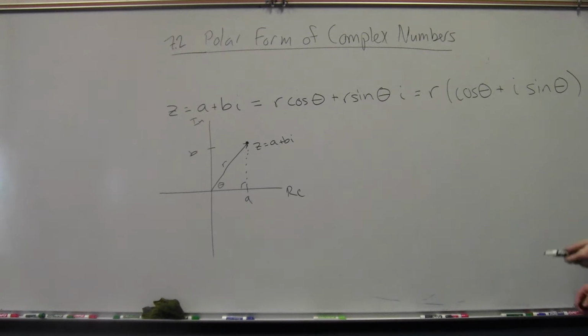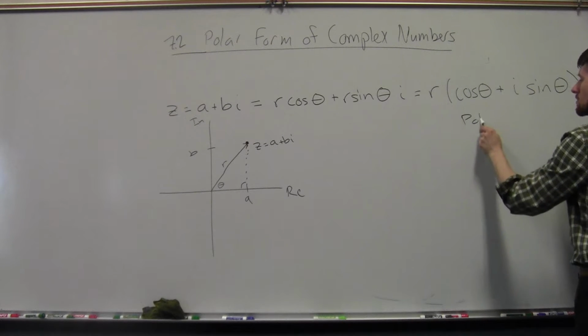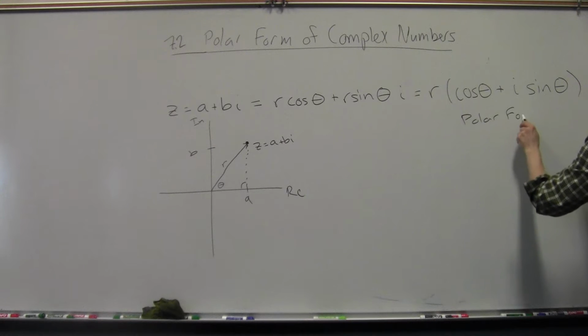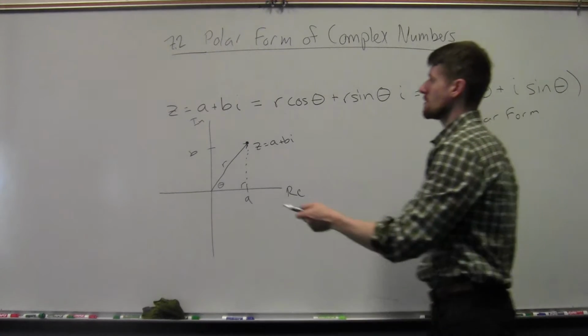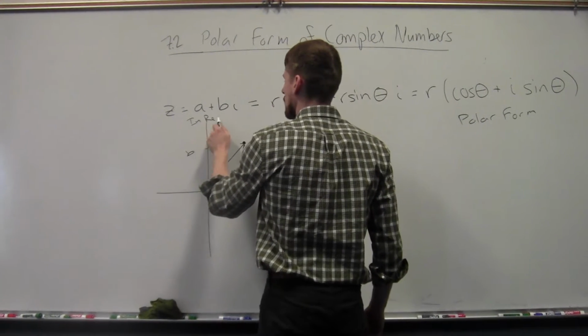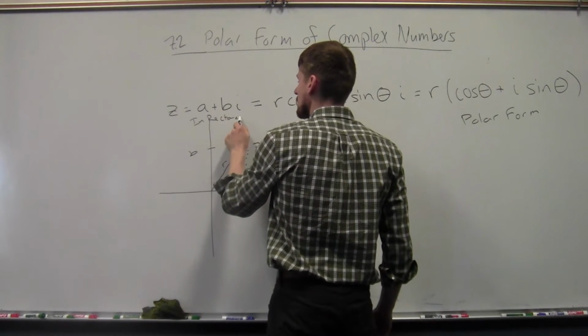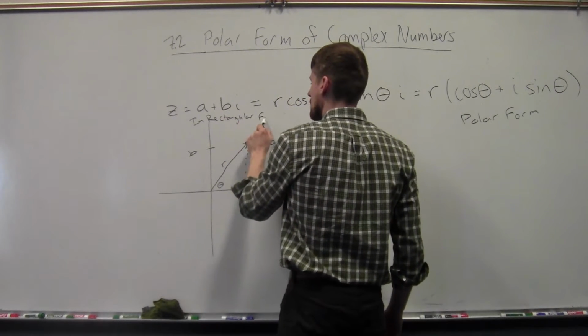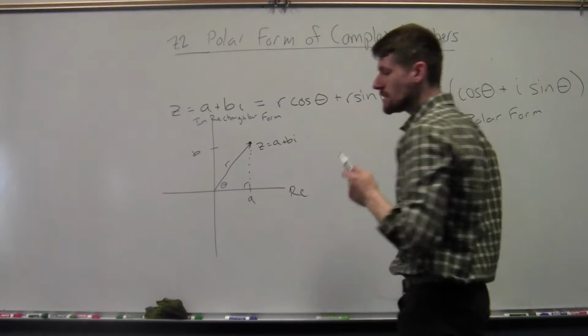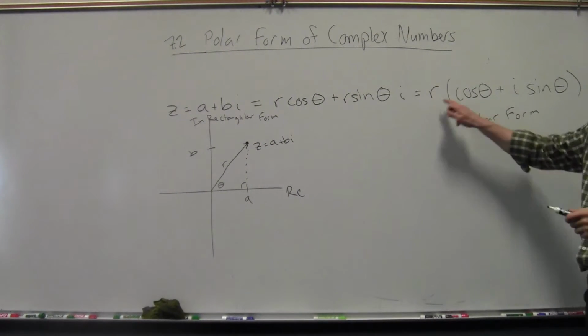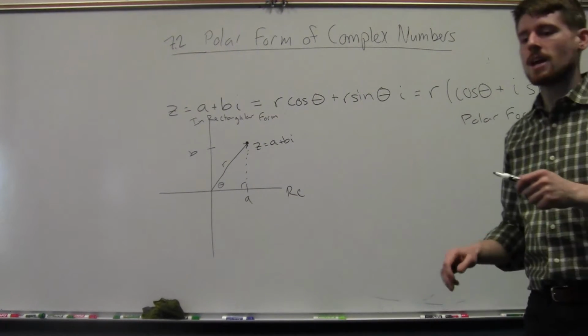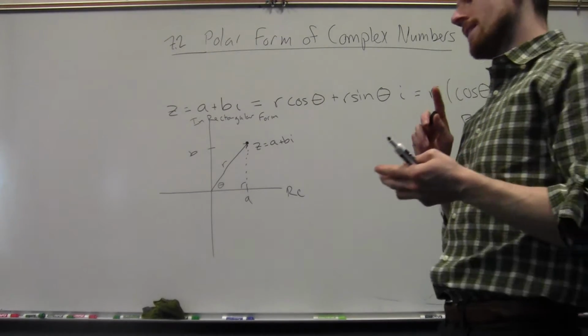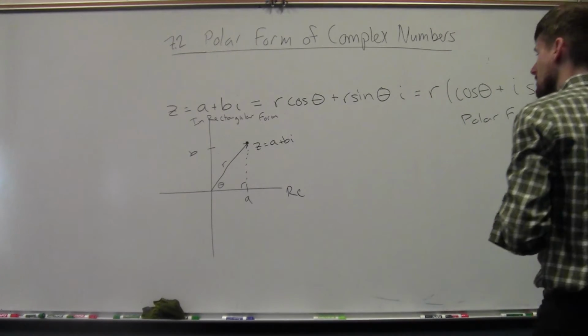So that's called polar form. This is polar form. And this one over here is rectangular form or Cartesian form. Rectangular form for complex numbers. And it's identical. This r and this theta are exactly the same as the magnitude and the angle when we were talking about vectors.